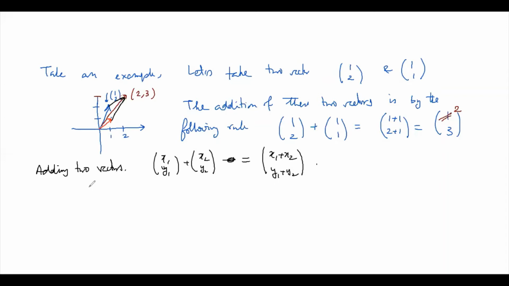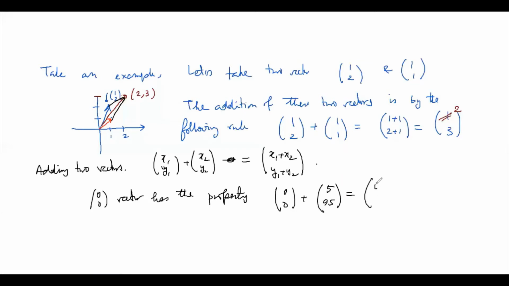Now notice that the 0, 0 vector has the property that if you add it to any vector, so let's say we add it to a vector 5, 95, then this will be 0 plus 5, 0 plus 95.